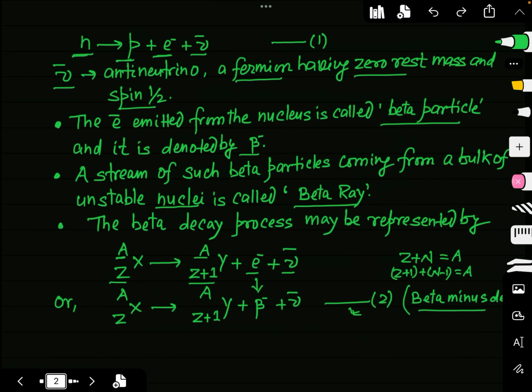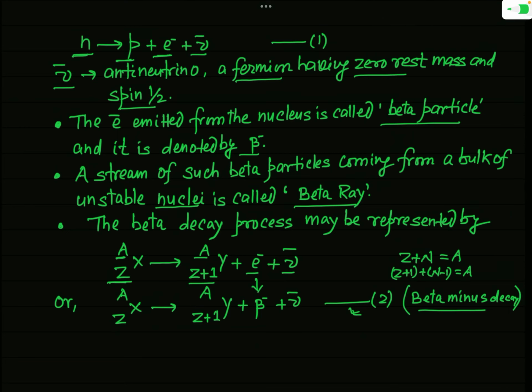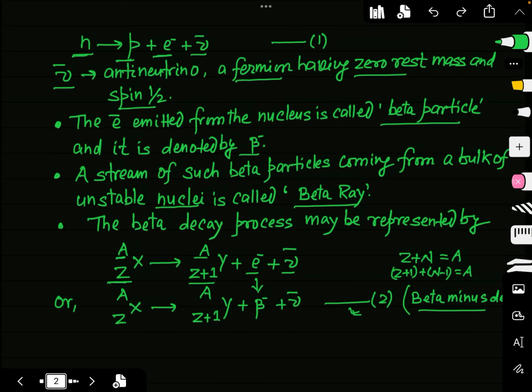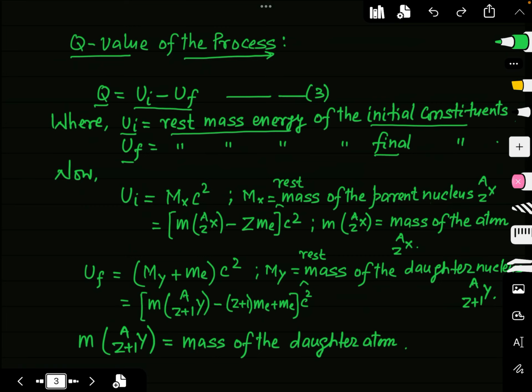Now see this equation, equation number 2. In the initial constituent we have only a parent nucleus, which is X. But in calculating this Q value, I have assumed here the atomic mass of that nucleus, not the mass of the nucleus.